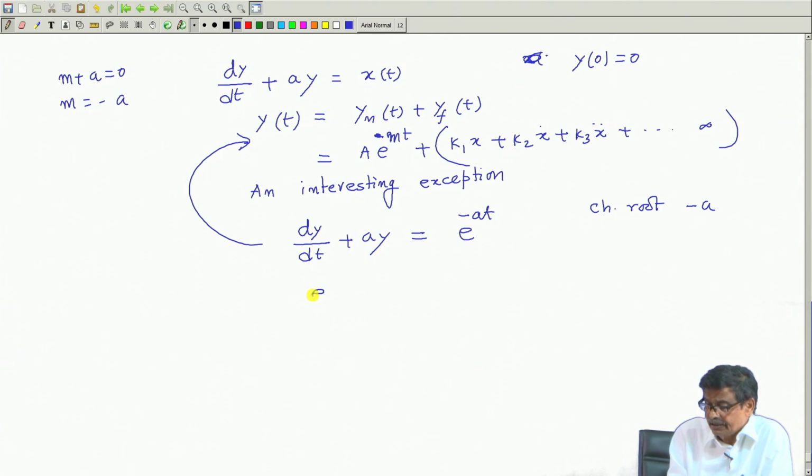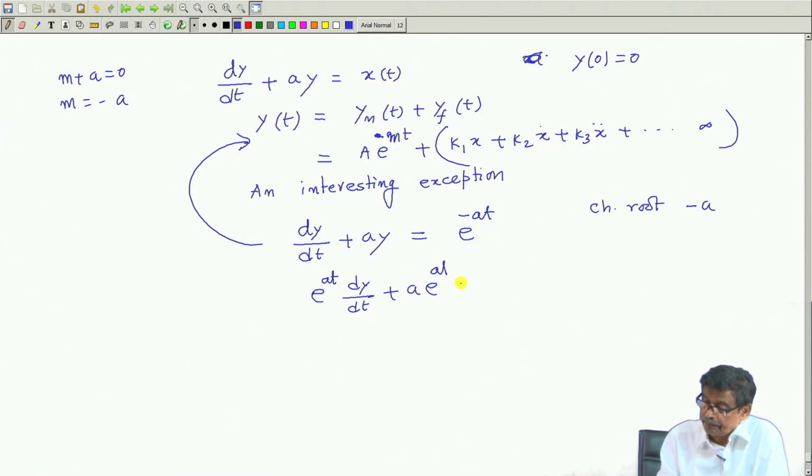You multiply with the integrating factor on both sides. We got all this by multiplying with the integrating factor starting from first principles, and here if you multiply, this becomes 1. There may be some other constant multiplied here, but that does not matter.